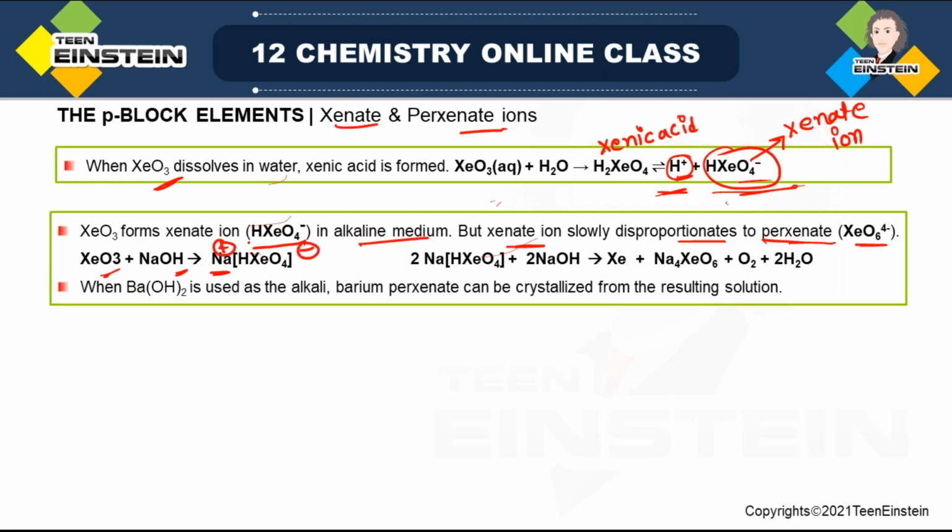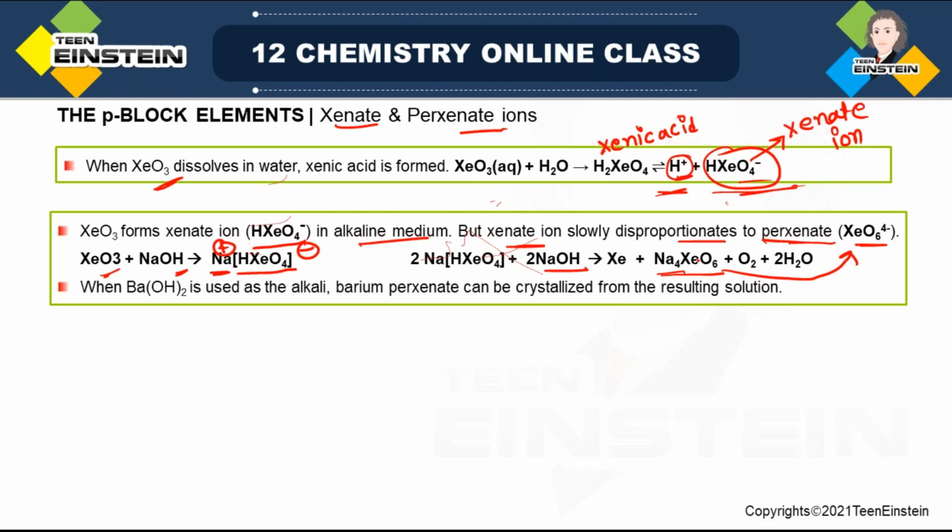Now if you further add extra NaOH, there is formation of Na4XeO6, which is nothing but XeO6 4 minus. Just remove all the 4 Na plus, and you will be left with only XeO6 4 minus.